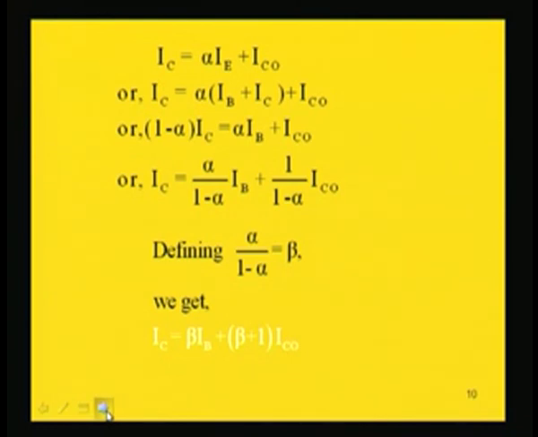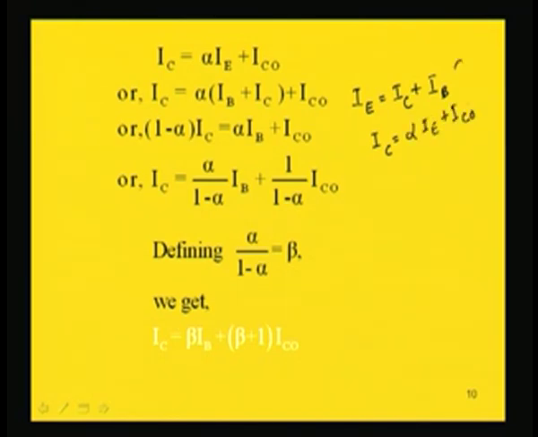So, now if we consider these two equations, we can still further simplify to get an important expression. The first equation that we got is IE equal to IC plus IB, and we also got IC equal to alpha times IE plus IC naught.